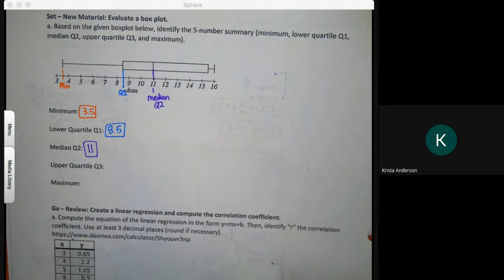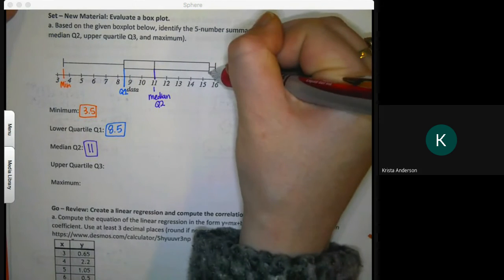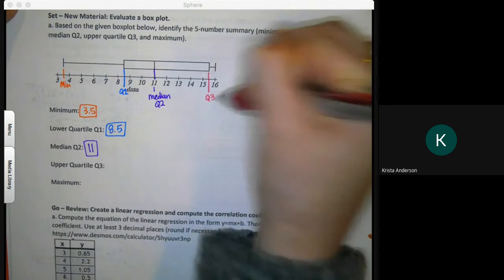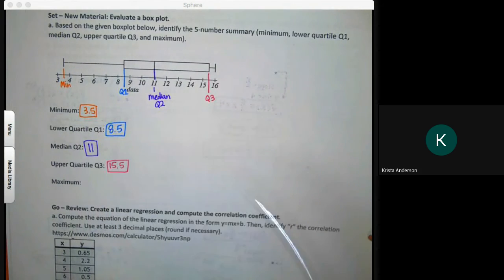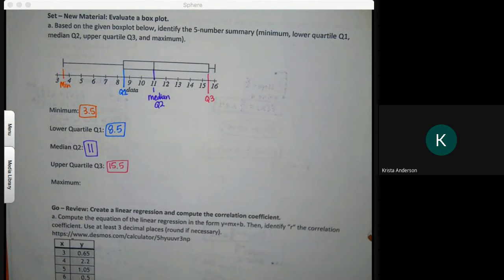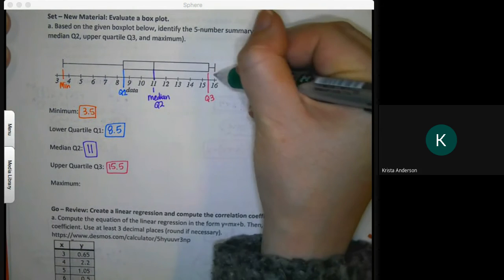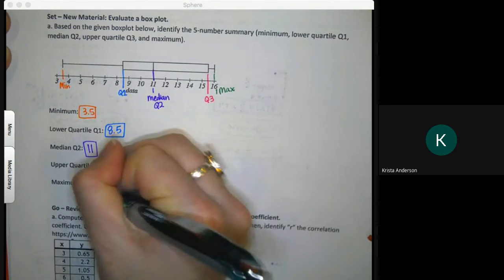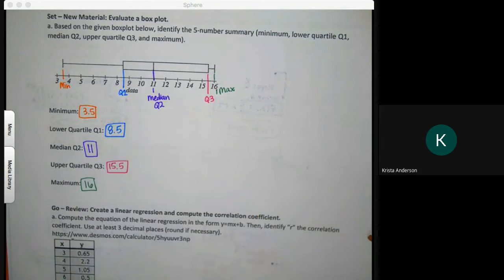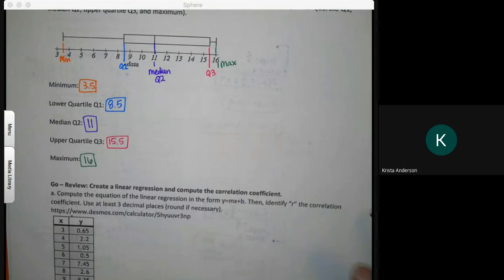And quartile 3? 15.5. Mhm. Maximum. 16. Easy? Hopefully. Just reading the box plot.